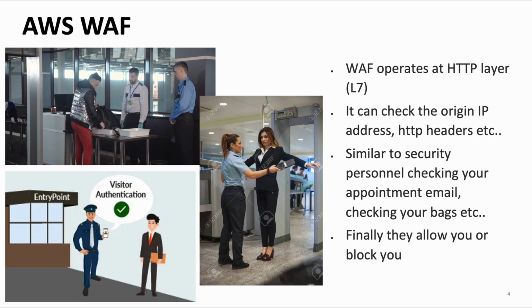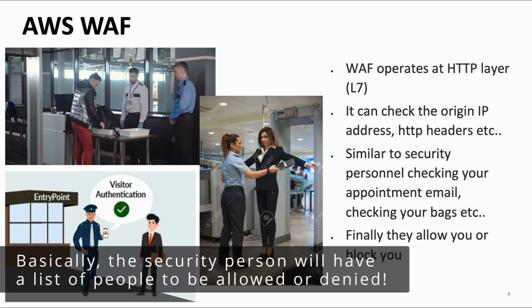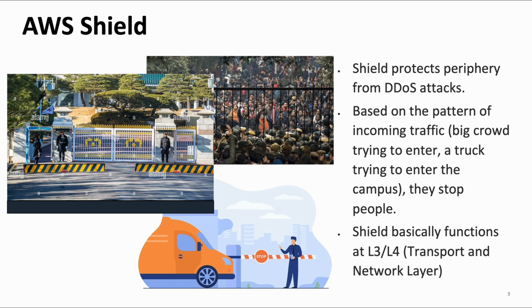And WAF checks your HTTP headers, IP address, etc., and then sees if that person can be allowed inside. If you compare that with the VVIP house security, it is like the security asking you to show your ID card, show your appointment letter, and then checking your bag, checking your body, etc. And then finally the periphery.